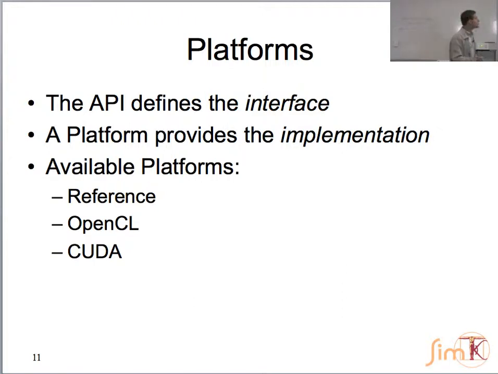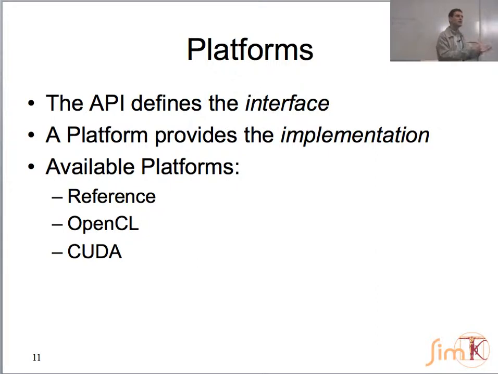So we provide three. The first is the reference platform. It's written in C++. It's really slow, but that's intentional. It's not really there to use in production. The goal of the reference platform is that you can use it as a reference to look at the code to see, okay, how is this force supposed to work?